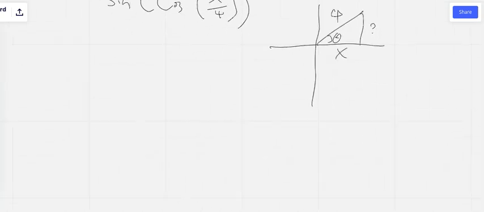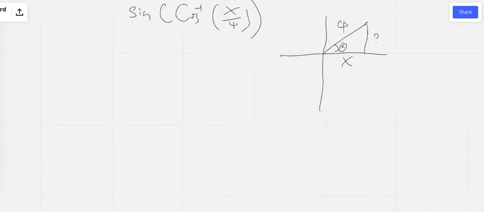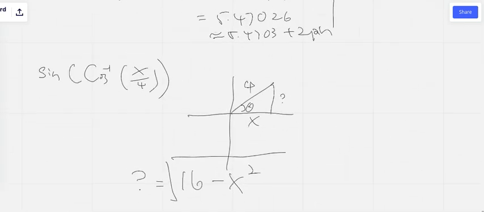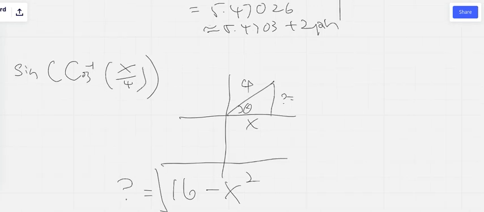And what is the opposite side of the theta? We also need to find that, because here we have a sine. So the question mark is equal to, using the Pythagorean theorem, the root of 16 minus x squared.